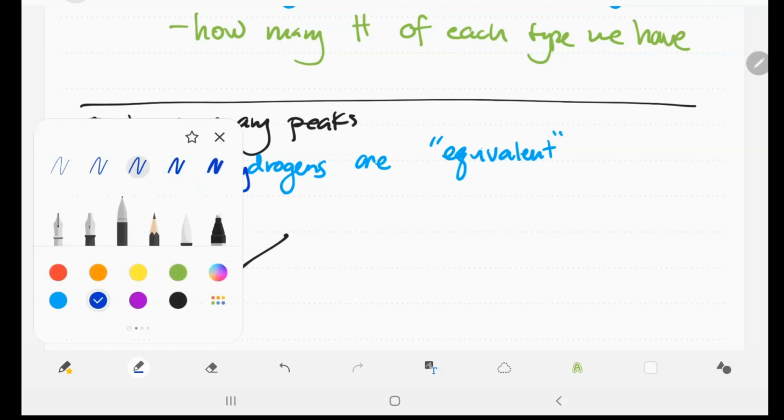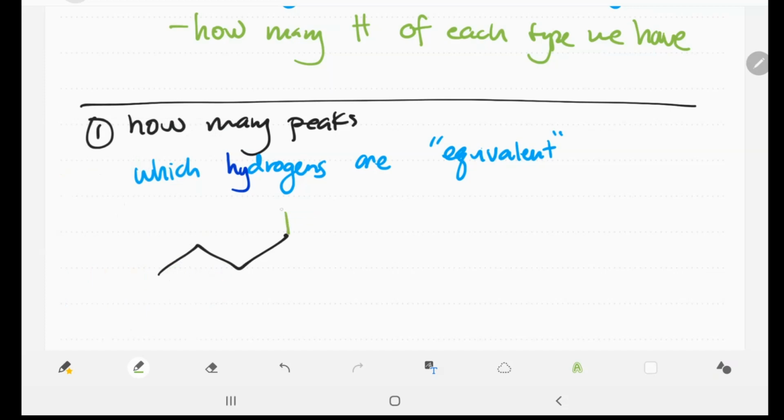Suffice it to say, I'll go ahead and draw them. If we were to consider the environment of these, we would see that the green hydrogens all experience relatively the same thing as each other. They are all part of a methyl group, and they're all just nearby other carbons.